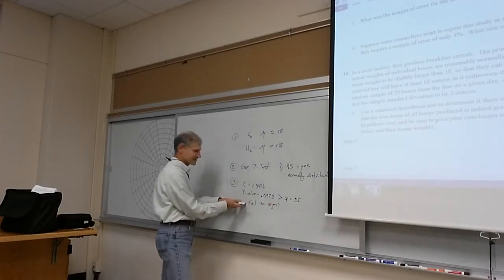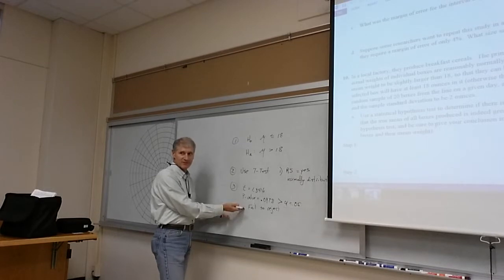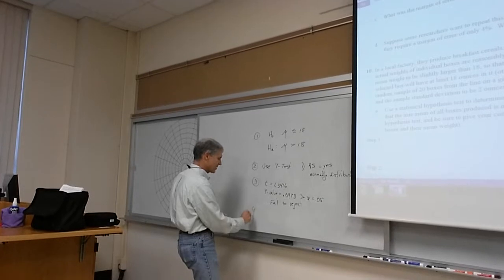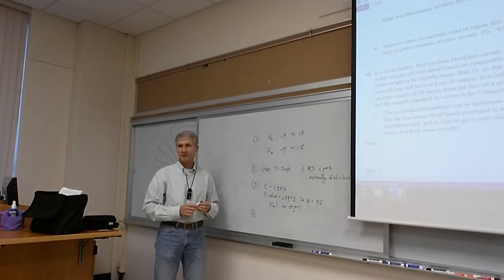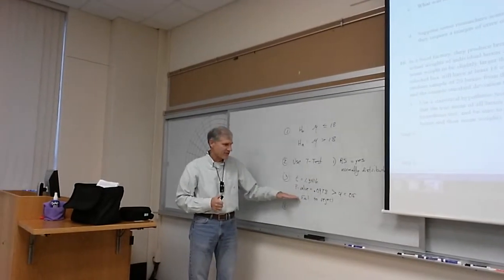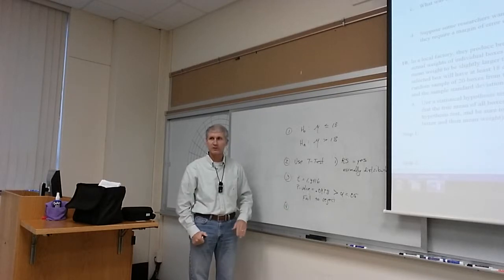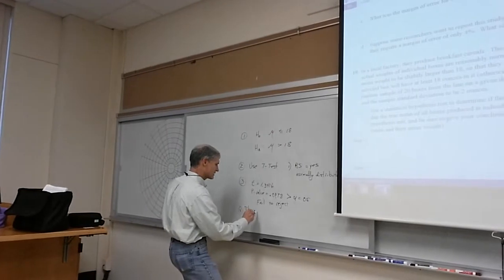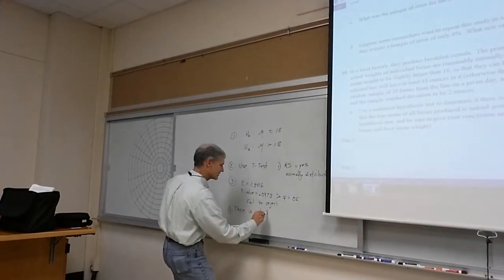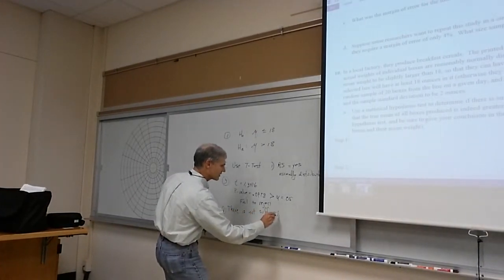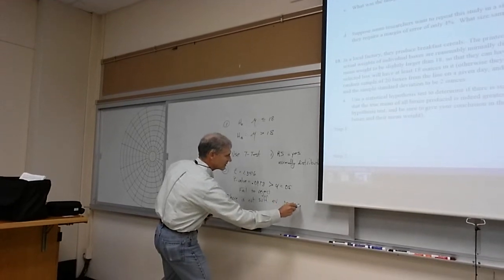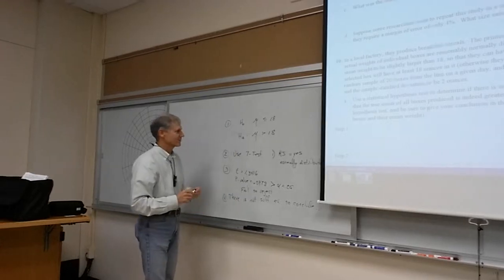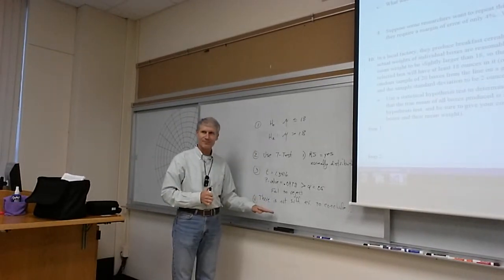Our book puts this statement as part of step 4, but I kind of like to keep it separate because a lot of people will then say that and go on to the next problem and think they're done. But this is not the final conclusion. What is the final conclusion? Good. There is not sufficient evidence to conclude, and I'm going to just say it out loud, but to conclude what?